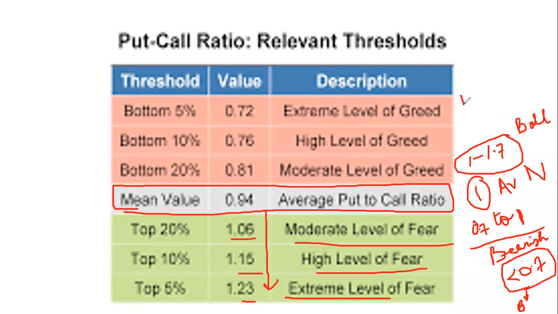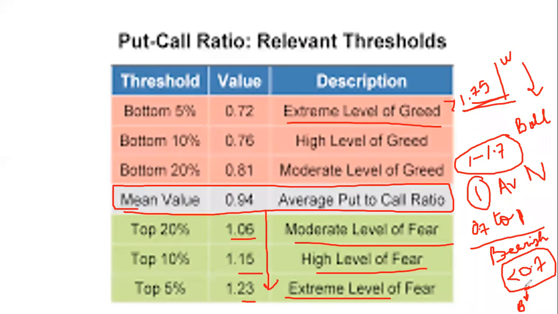But if the ratio increases more than 1.75, it means that the market is now towards the extreme level of greed and we are supposed to wait for a reversal from the top. Now, this is just a general view and it doesn't mean that as soon as PCR goes past 1.75, we should reverse our positions.